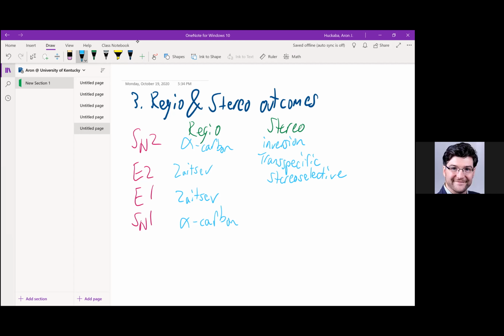In E1, it prefers trans over cis. And in SN1, it's mostly racemic because of the planar nature of the carbocation. You can find these notes as I've written them in the exam 3 notes module in your Canvas shell.